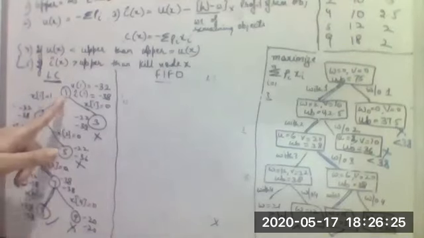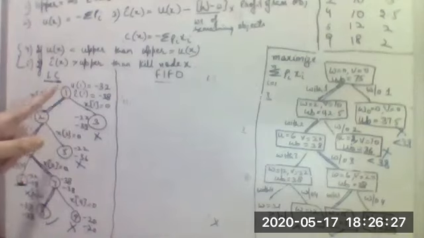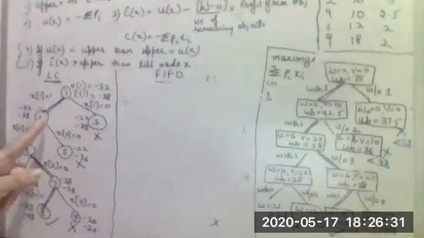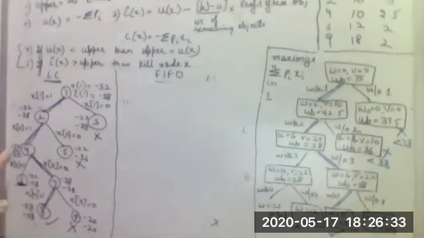So if one is the index of the node, the child nodes will be 2 and 3. If it is 2, then it is 2 into 2, 4, plus 1, 5. If it is 7, it is going to go in that order only. So whatever node you are taking, next to that you need to generate child nodes.